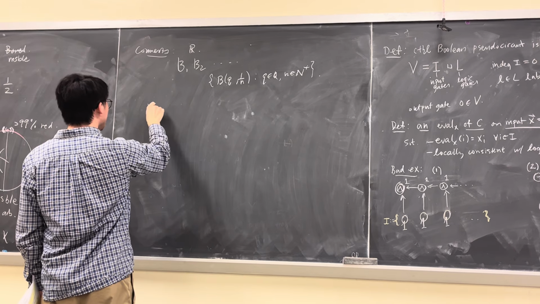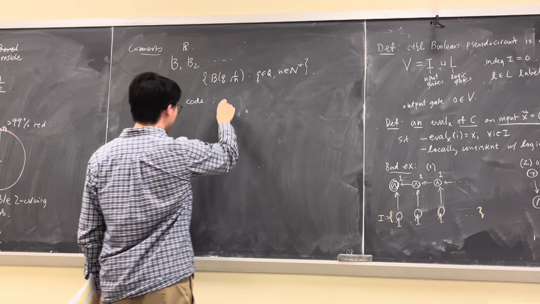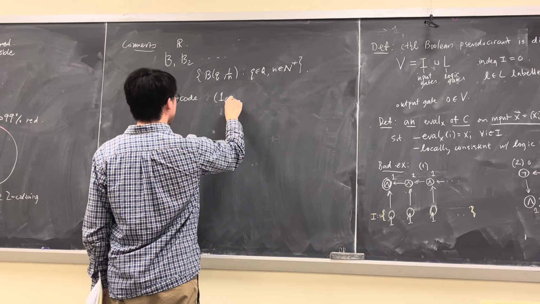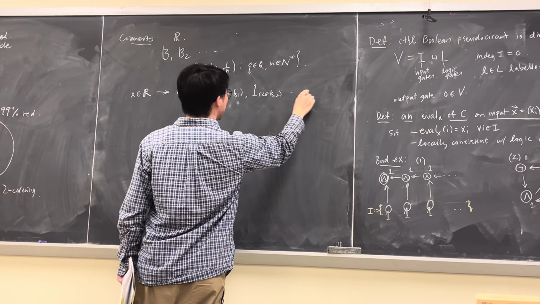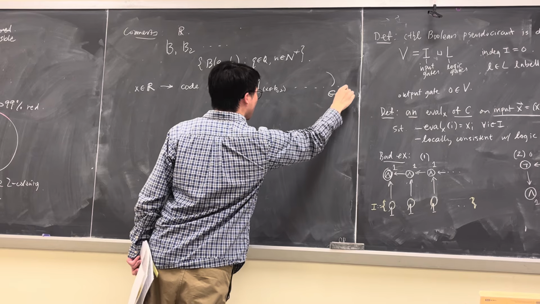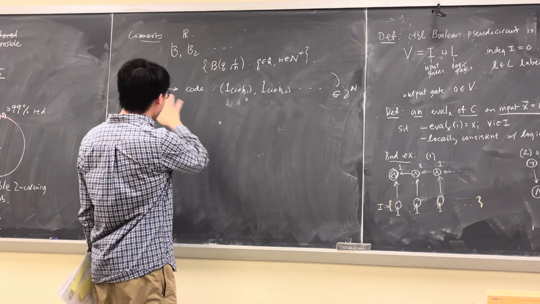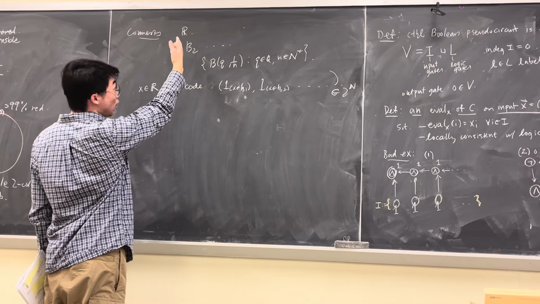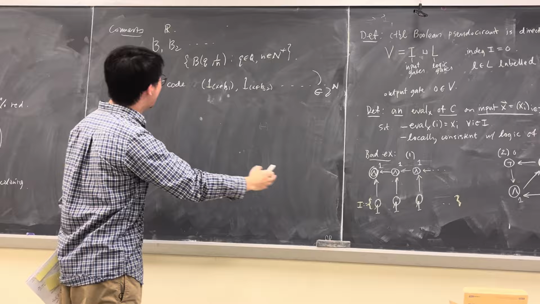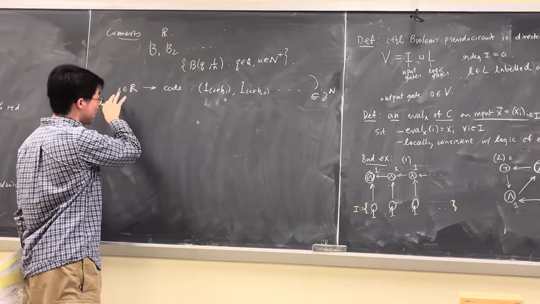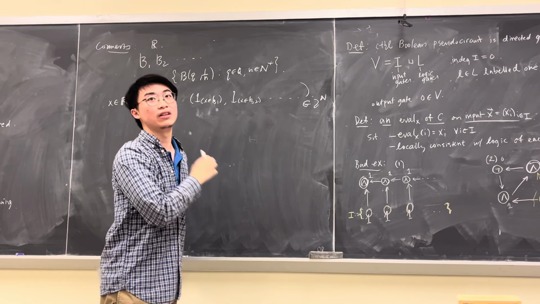Then for every x in the real numbers, I can cook up what's called a code, which is just 1 if x is in B1, 1 if x is in B2, and so forth. And this is something in 2 to the n. A subset of R is Borel, or countable circuit computable, if and only if I can turn my real numbers into these codes and then compute on those codes.